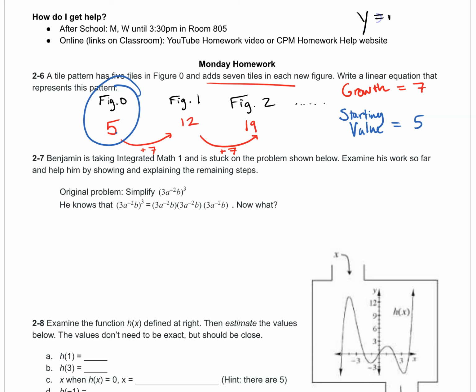Alright, and then we have this equation, y equals mx plus b. So the growth is the number you put right before x, and then the starting value is the number you put in for b. And so the equation is going to be y equals 7x plus 5.